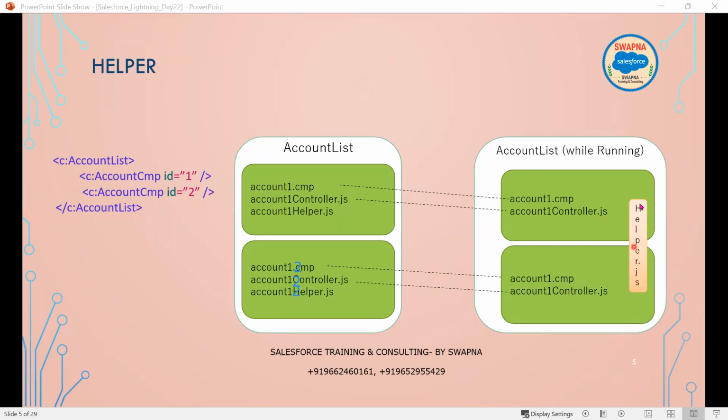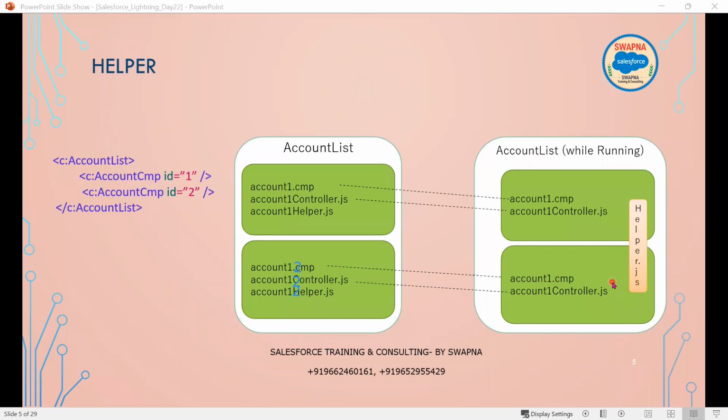And what is the use of that one copy? Whatever logic is written can be used by the account1 CMP and by the account2 component. It passes the references of the helper into every controller instance and every renderer.